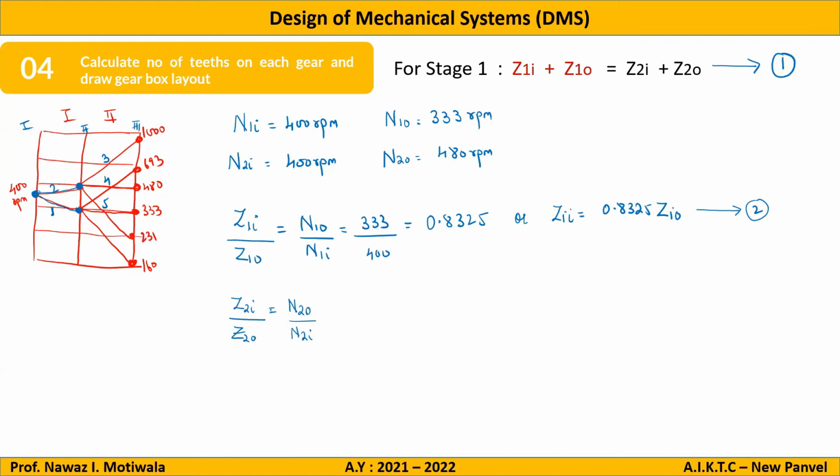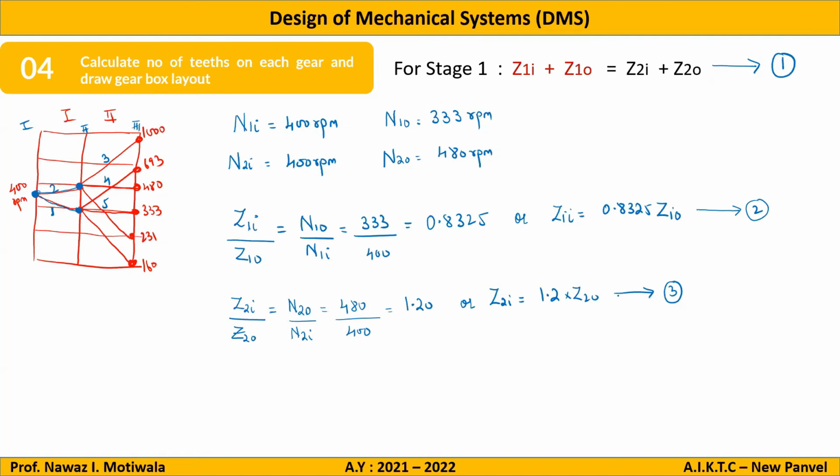Again I have written the inverse relation. ऊपर I है तो यहाँ पर ऊपर O आएगा. Now N2O is already with us. N2O is 480 divided by N2I, which is 400. So 480 divided by 400, how much are we getting? 1.2. So I can write Z2I is equal to 1.2 times Z2O, and let this be equation number 3.